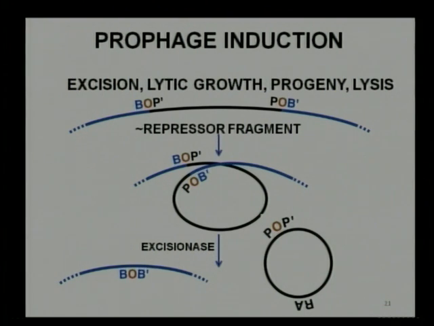Once again the free form of bacteriophage takes up all the control and starts its own replication, which ultimately leads to the formation of progeny and causes lysis of the host cells. So these are the typical steps of induction: excision, lytic growth, progeny formation and lysis.